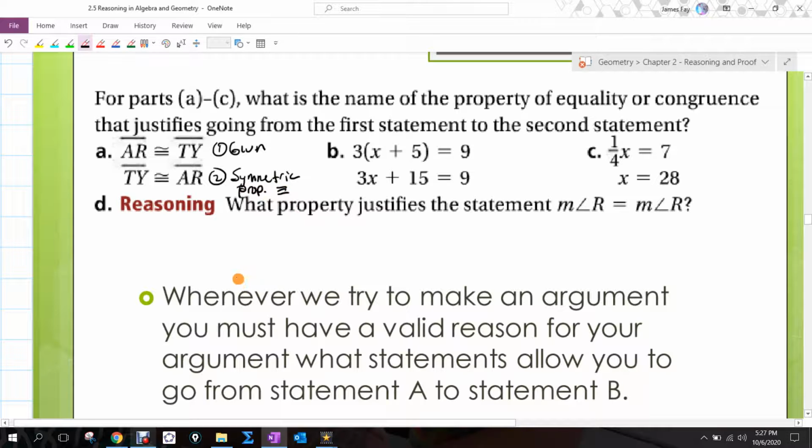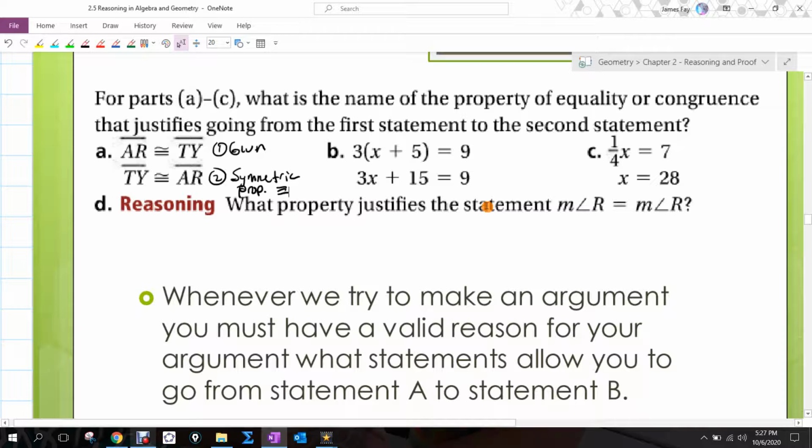Okay. When you have properties like this, where some are equality, some are congruence, and they're shared, like symmetric property of congruence and symmetric property of equality, when you're doing multiple choice tests, a lot of times option A would be symmetric property of equality for this one. When they do standardized tests that are multiple choice like that, or even in Math Excel with drop down questions, they're not judging only whether you're good at math or the content being asked about, but also whether you're aware of details.